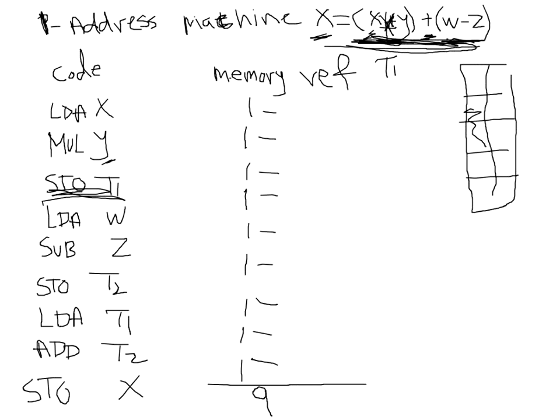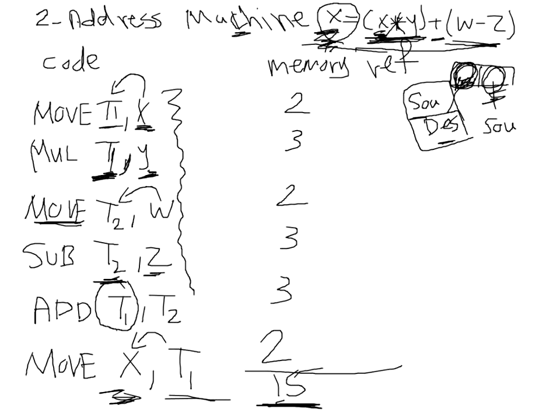This will slow our machine in comparison to the one address machine. The one address machine has too many steps, but on the other hand, we have less memory access. The advantage of the two address machine, as I said before, is that we have a reduced number of steps, but more memory access.